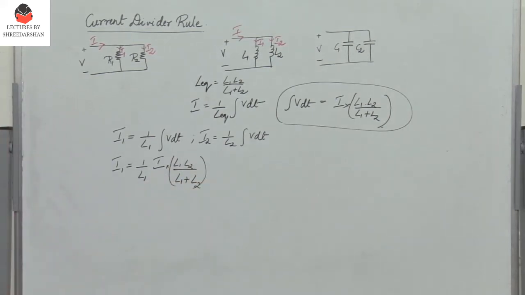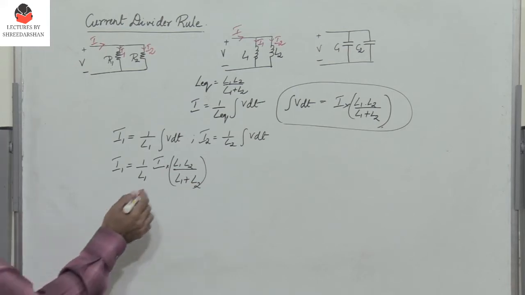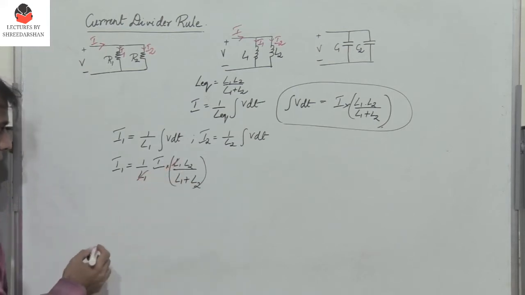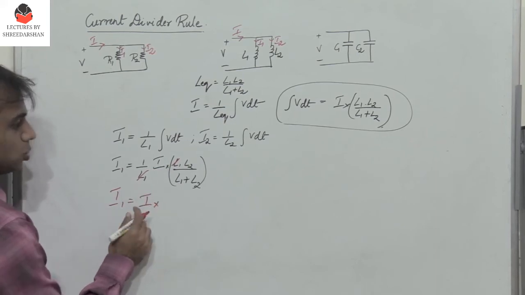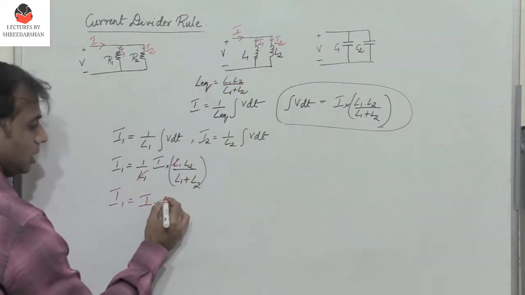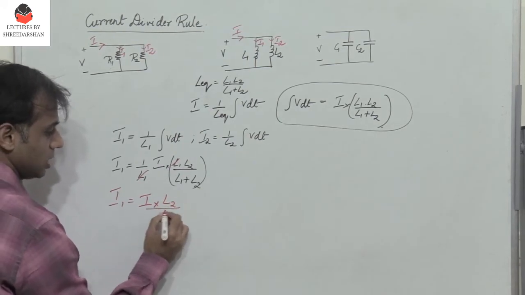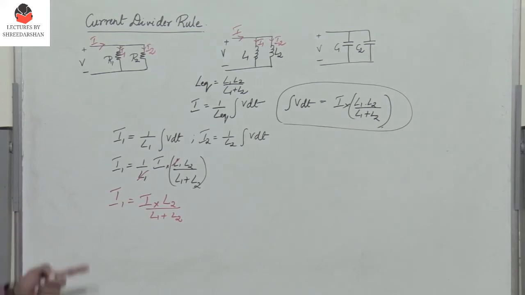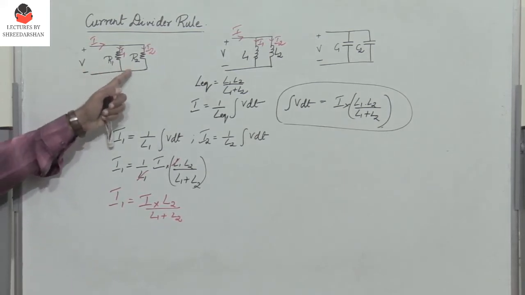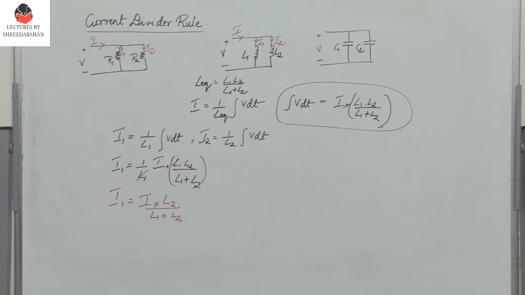So L1 and L2 can be cancelled. So what is I1? I1 is the total current into the value of the inductance in the other branch divided by the sum of inductors. So the expression is very similar to that of I1 in case of two resistors connected in parallel.